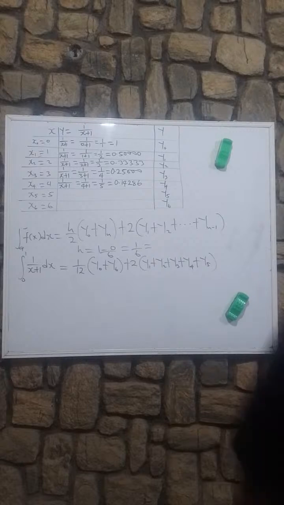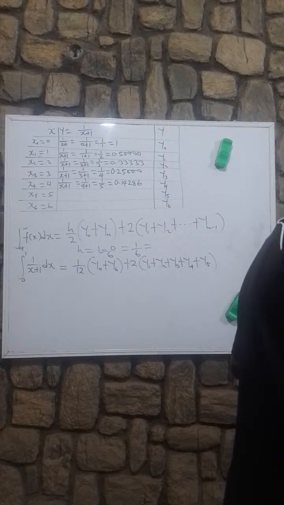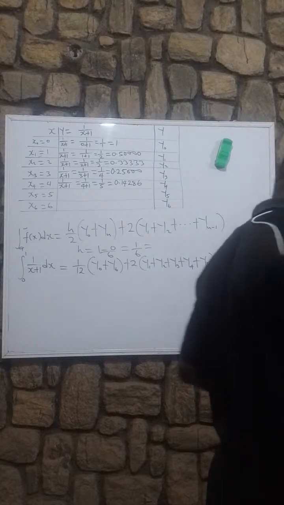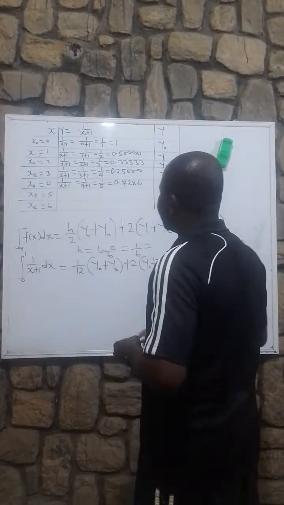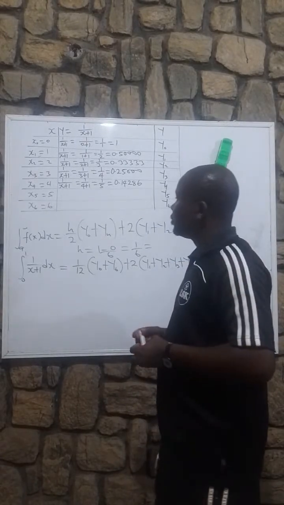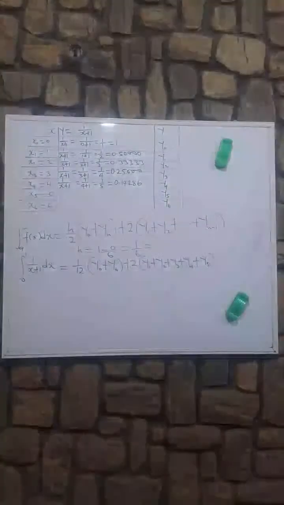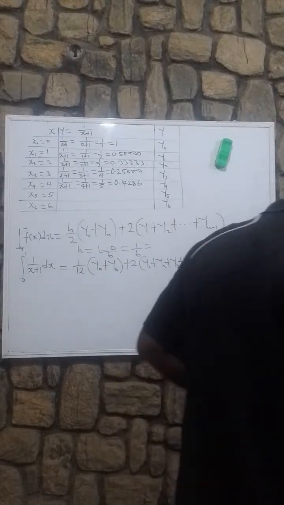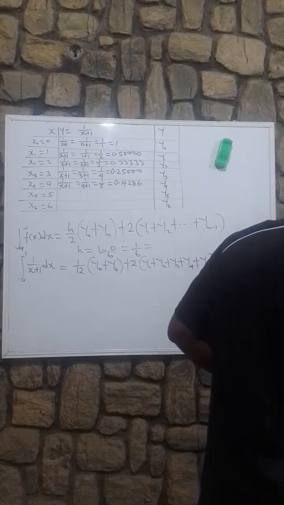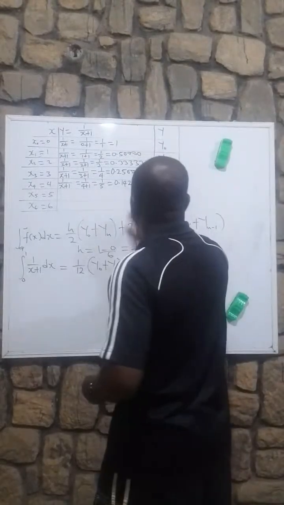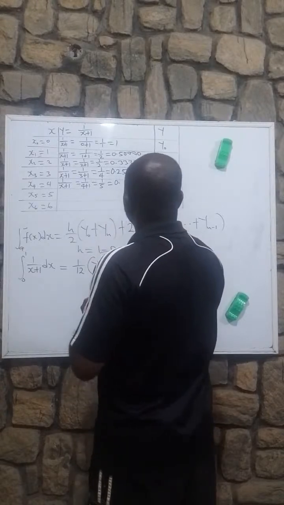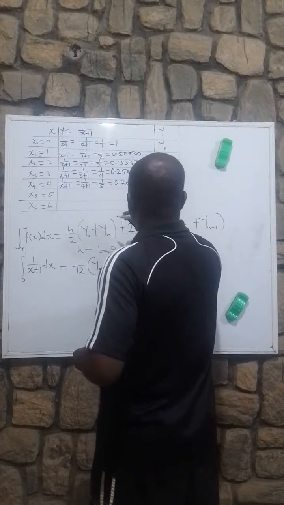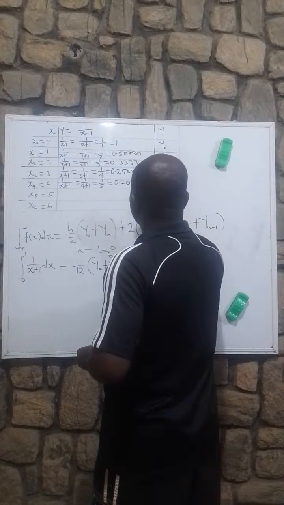Are you sure? Press your calculator. What is the answer? It will give me 0.2000, right?